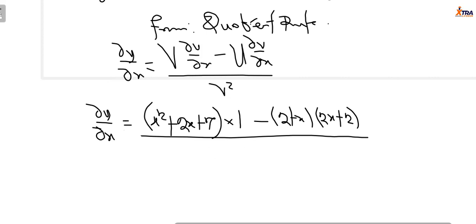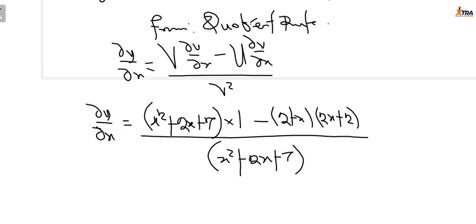V is the same thing as x squared plus 2x plus 7, all squared.